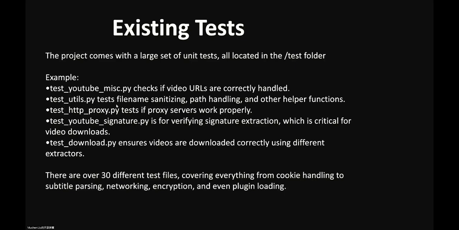We have test_utils for file name sanitizing, path handling, and other helper functions. We have test_proxy to check if the proxy server is working properly. And test_signature is to verify signature extraction, which is crucial for video downloads. And test_download.py is to ensure videos are downloaded correctly using different extractors.